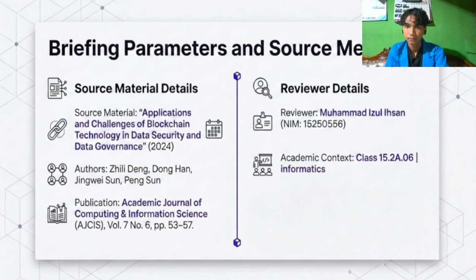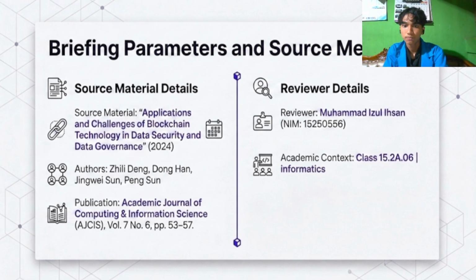Let's look at the parameter and metadata. On this slide, you can see the detail of the journal. The title is Applications and Challenges of Blockchain Technology in Data Security and Data Governance, published in 2024. Regarding the authors, it was written by Zilideng, Donghan, Jingwei Sun, and Peng Sun.